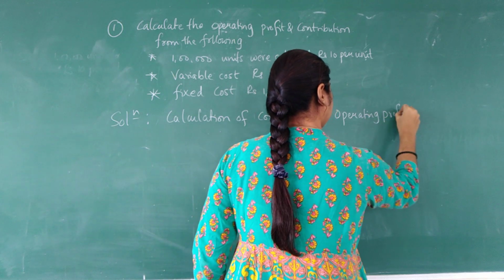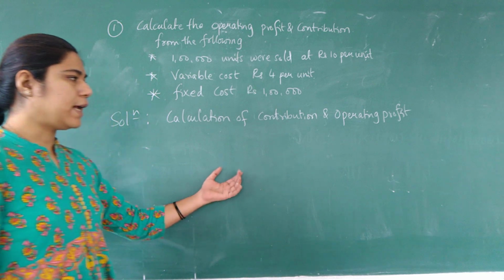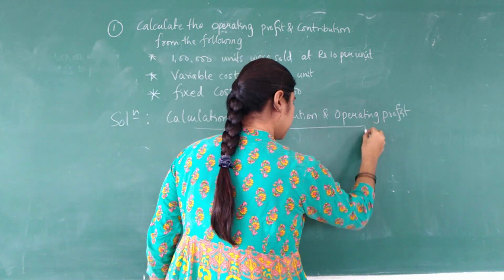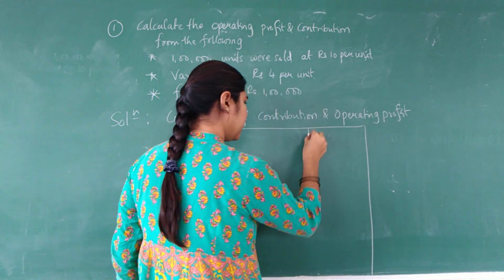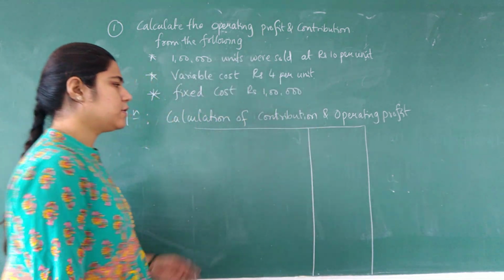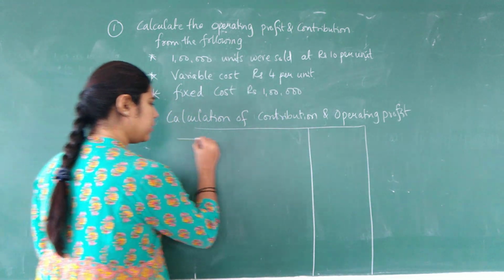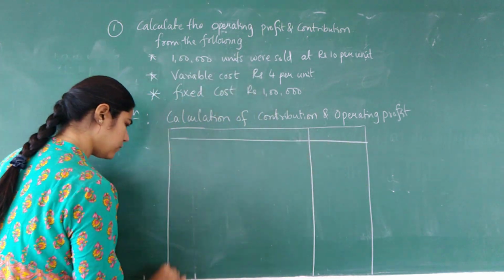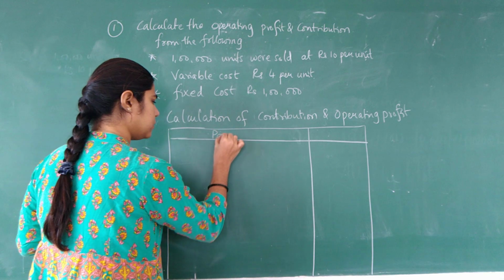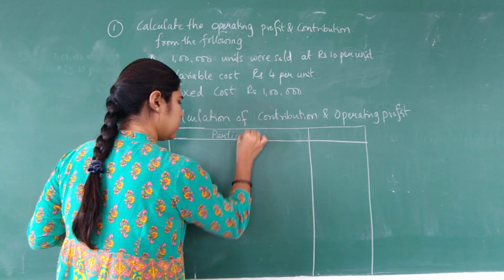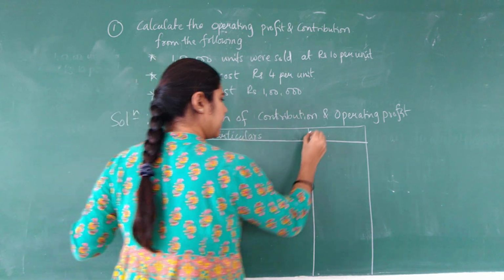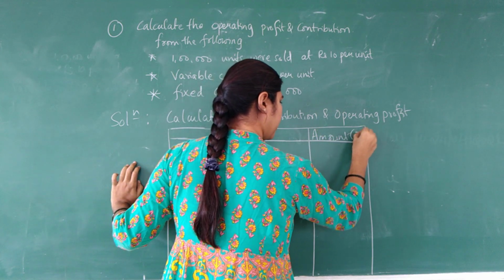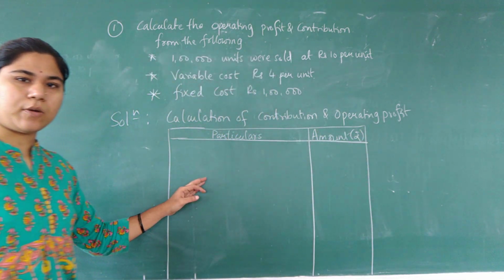Calculation of operating profit and the contribution. Now let us draw the table, which consists of two columns. The first one is particulars, and the next one is amount. The amount is in rupees.